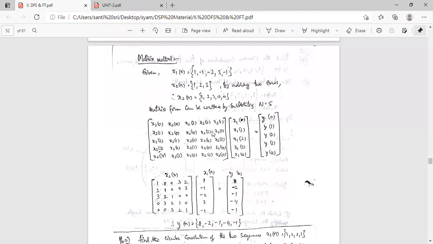Then x2 of 3, x2 of 4, x2 of 0, x2 of 1. Then x2 of 1 can be written here, x2 of 2, x2 of 3, x2 of 4, x2 of 0. Like this, in this manner, the second matrix, the x2 of n sequence, will be written.